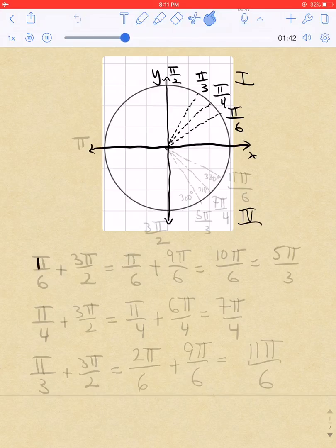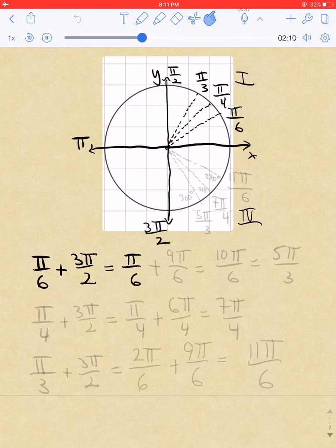We start with pi over 6, and we will add 3 pi over 2, which is pi over 2 and a pi. The problem with adding 3 pi over 2 to sixths is that they have different denominators, so we have to convert them.